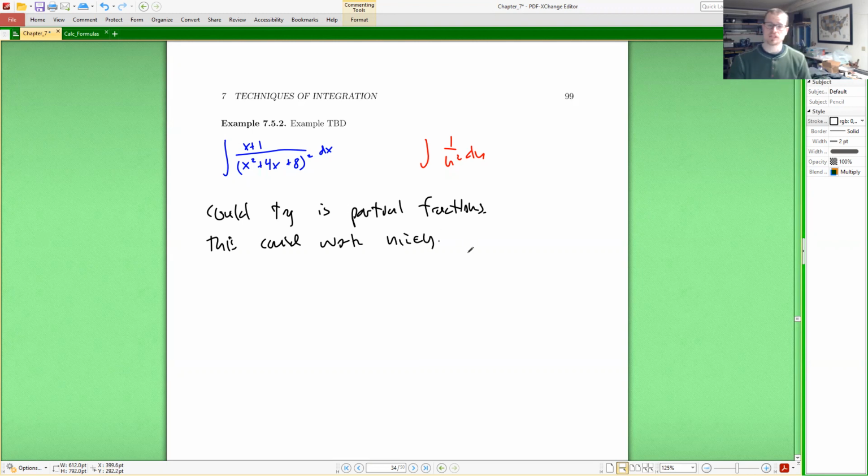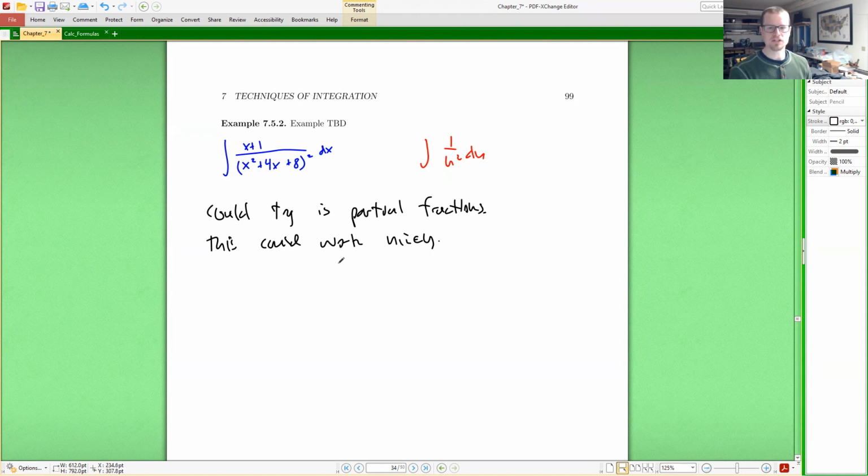I think once you attempt partial fractions, you would end up with something that still requires another method, right? Because it's going to have something divided by this quadratic plus something divided by this quadratic. So no matter which way you go, you're having to integrate something with this quadratic. So you could try partial fractions and that will lead you somewhere.